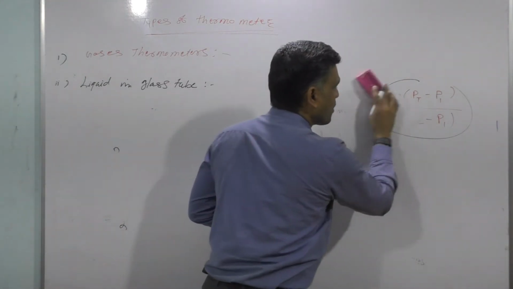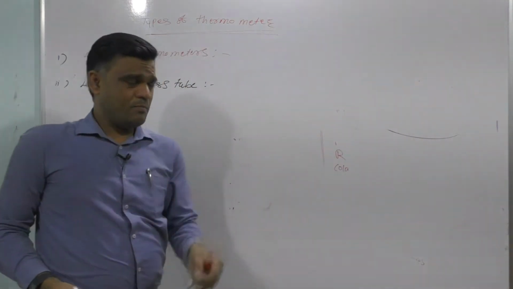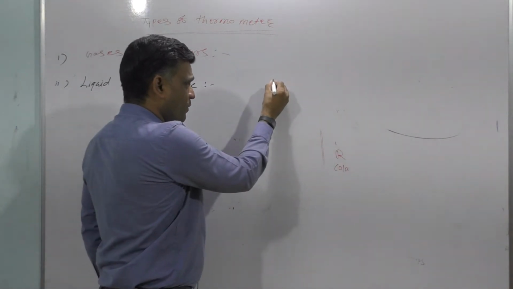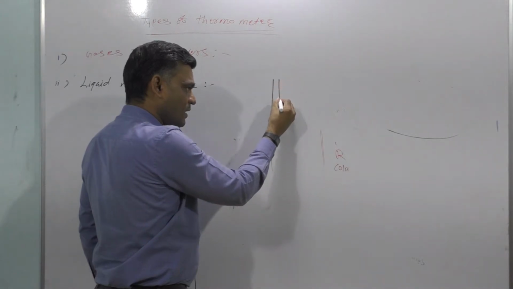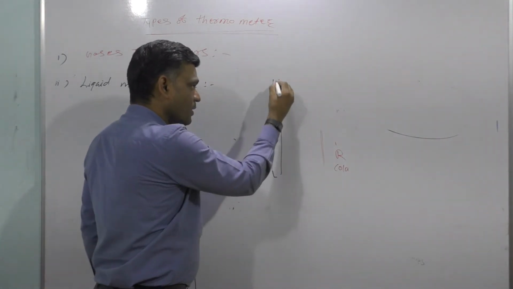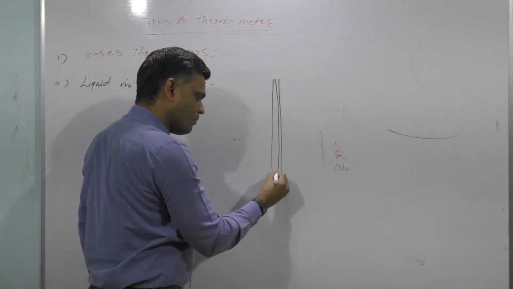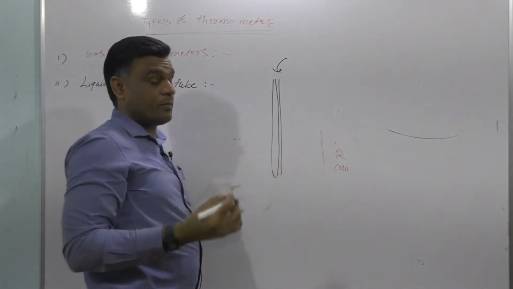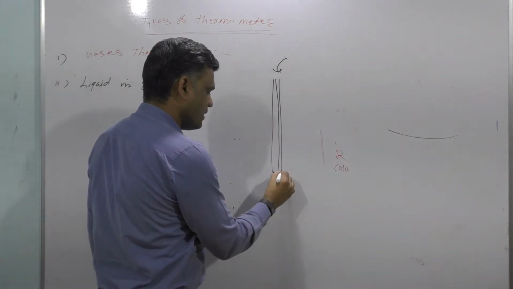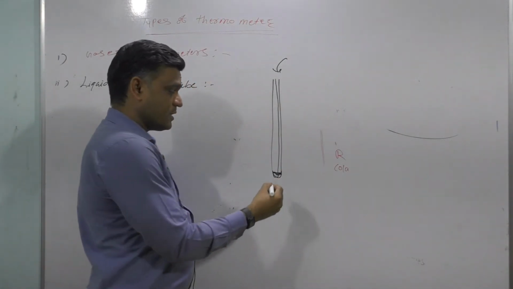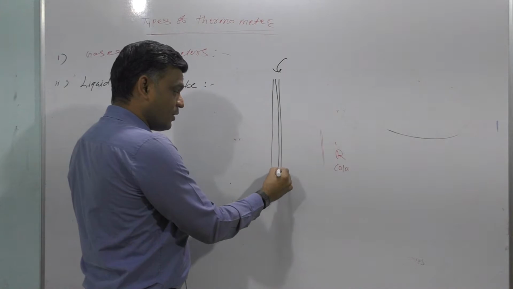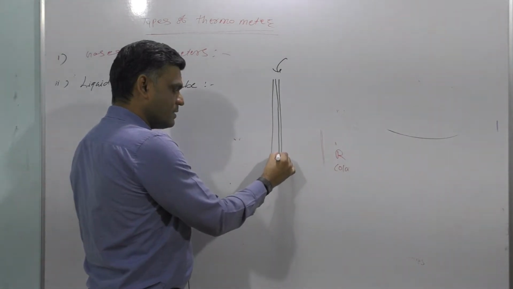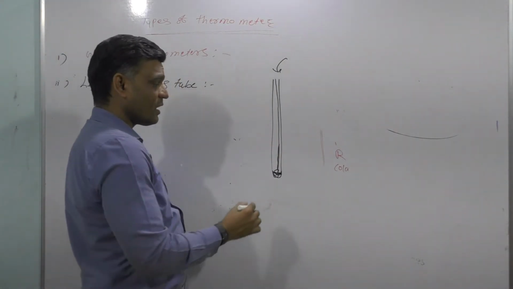In such a thermometer, we make a very fine capillary tube having a very small bore, and we pour in some liquid material, and as the temperature goes on increasing, the length of the liquid level changes.